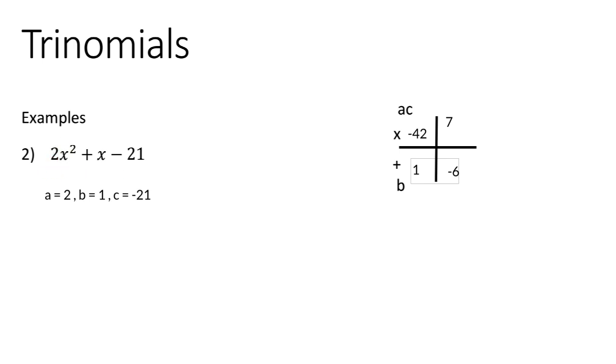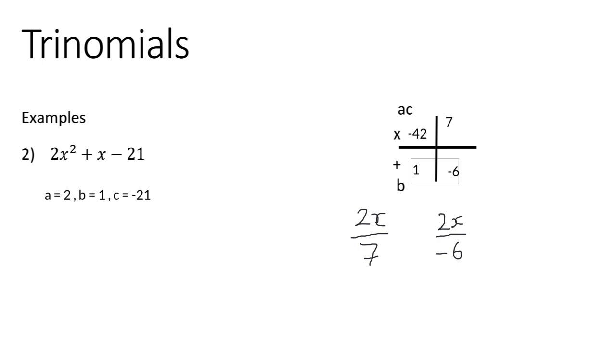So when I create my fraction this time, I'm going to put 2x as the numerator. And then I'm going to take the two numbers that I've just thought of, and they are going to be the denominators. So my two fractions become 2x over 7 and 2x over negative 6.